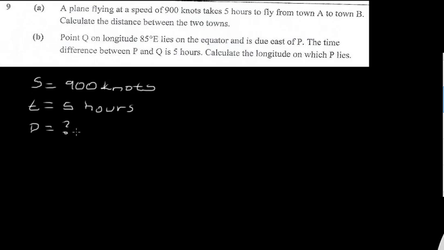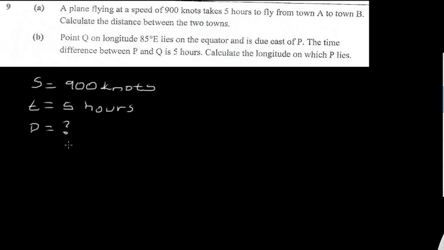So we have speed, which is equal to 900 knots. We have the time taken, which is t, equal to 5 hours, right? And we're asked to find the distance, which we will denote with a d.